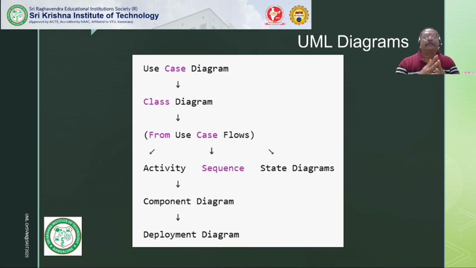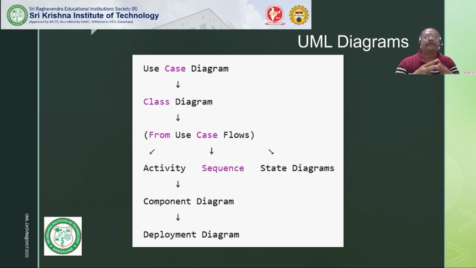So in all, for a simpler project design, the first and foremost thing is to write the use case diagram. The whole story begins with the use case diagram, and then we write the class diagram, and then we can continue writing the sequence diagram, state diagram, and the activity diagram.